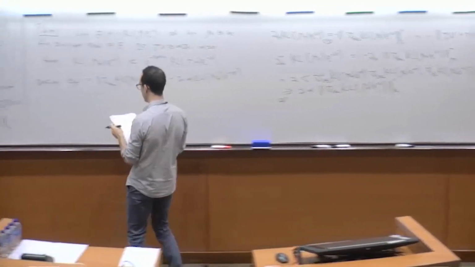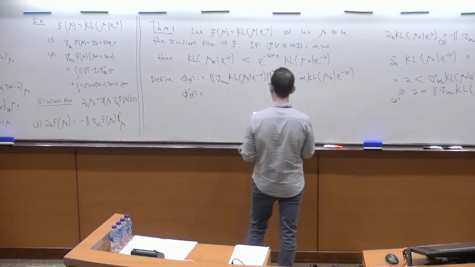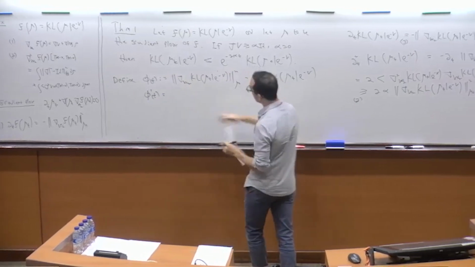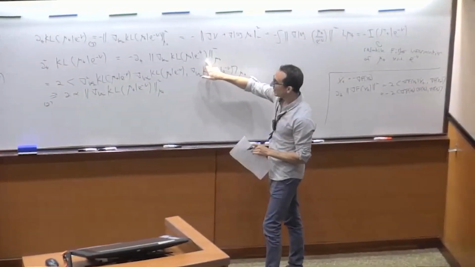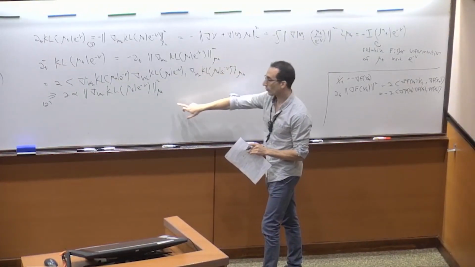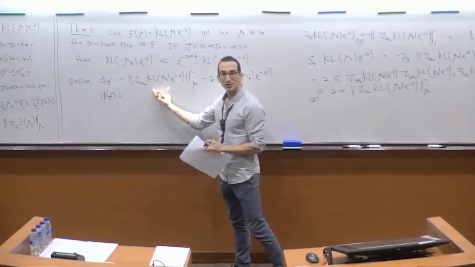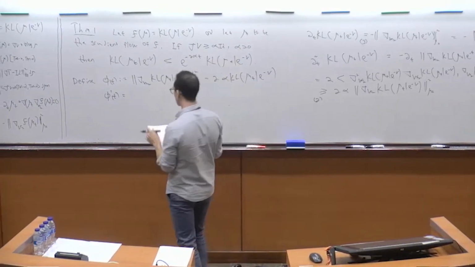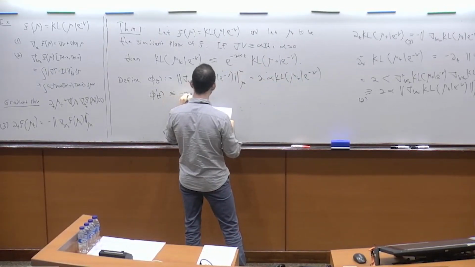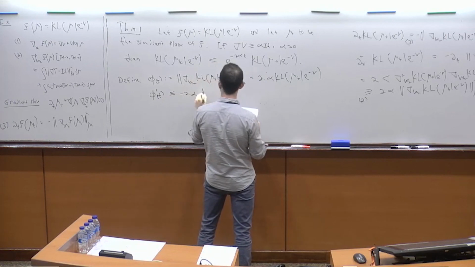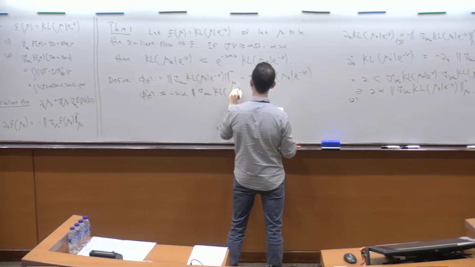So let's just differentiate this function. The first derivative is partial t of this norm. But we did this computation over here, so I can just use this estimate in order to bound the first derivative of this term. So if we do that, we have an upper bound of the gradient of KL.